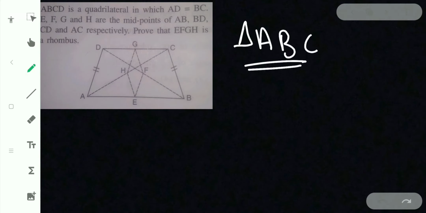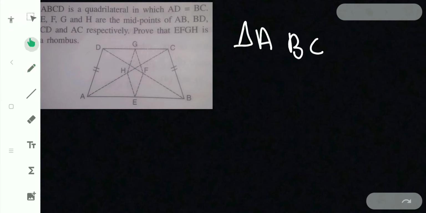Now just consider these two triangles. First take triangle ABC.